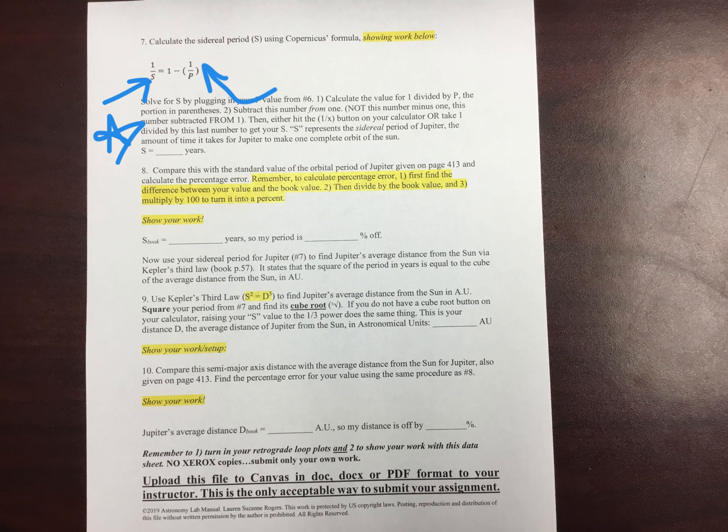Follow each step carefully to solve for S, the sidereal period, which is the time it takes for Jupiter to orbit the Sun. Once you have this number, you need to check and see if this answer is reasonable. Look up the book value for the sidereal period in the textbook in Chapter 11.2 on the giant planets. Your number should be in the same ballpark.